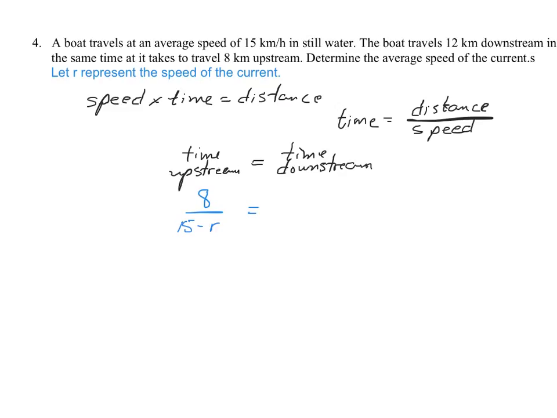Going downstream, we have a distance of 12 kilometers over the speed of the boat plus the speed of the water. And so this sets us up for solving to find out what is the speed of the current.